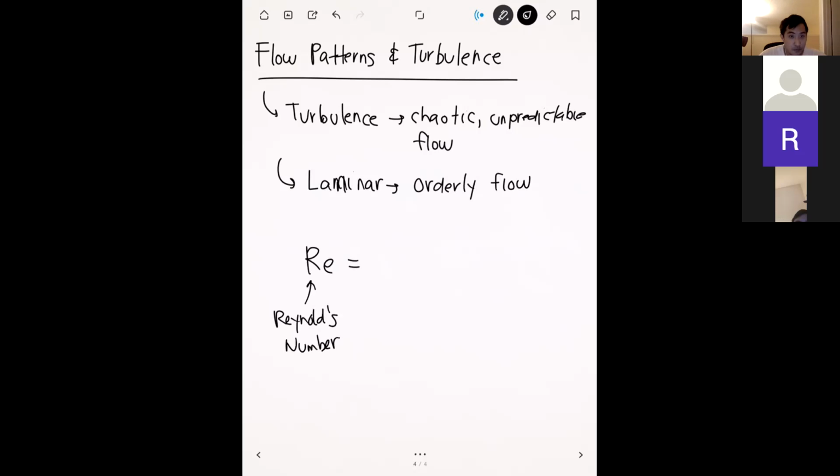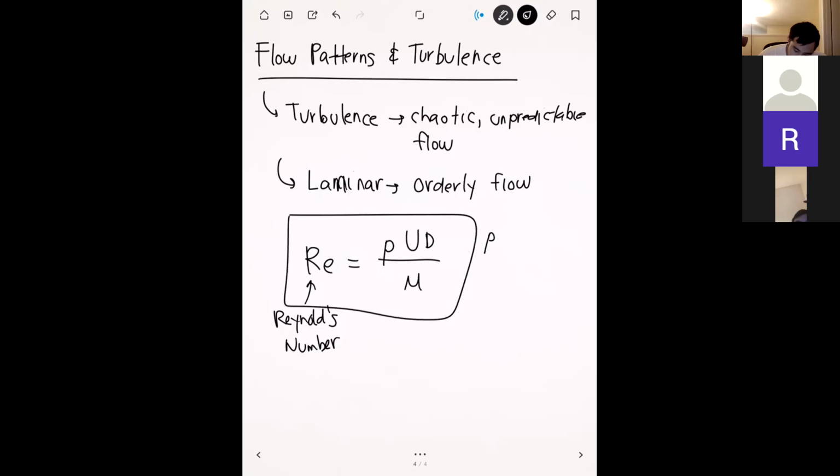The Reynolds number is computed by this formula here, where rho is the density of the fluid, U here is the fluid velocity, D is the diameter, and mu here is the viscosity.